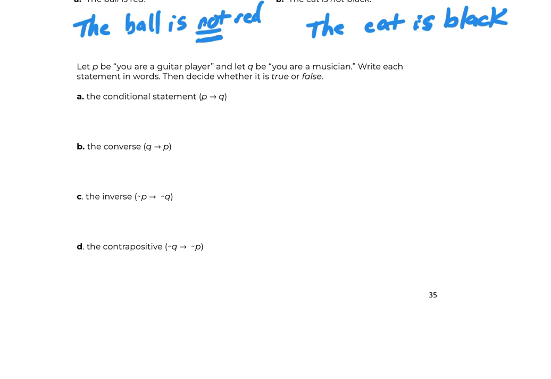They give me a statement for P, they give me a statement for Q, so we're just going to simply put the words if and then and write it as an if-then statement, okay?